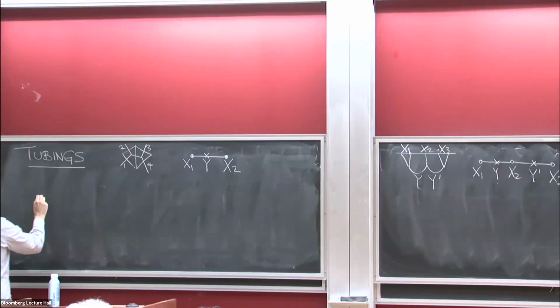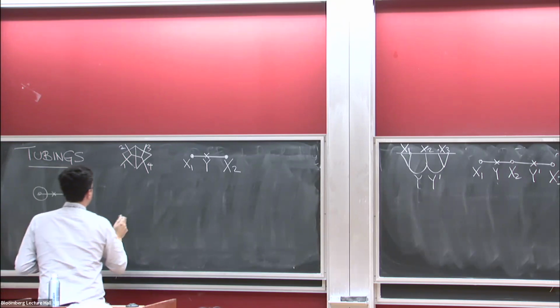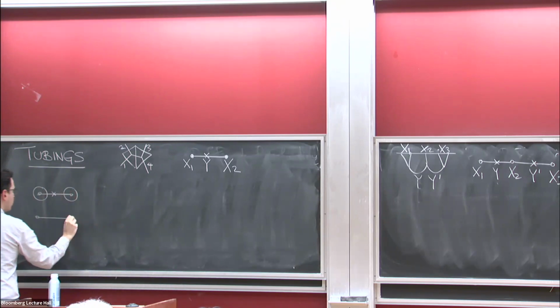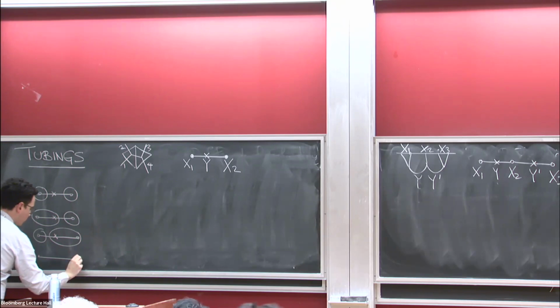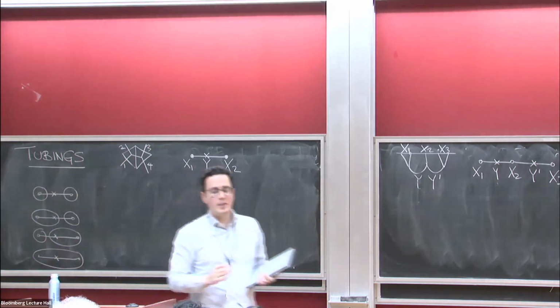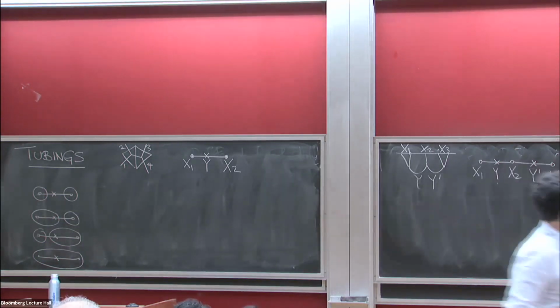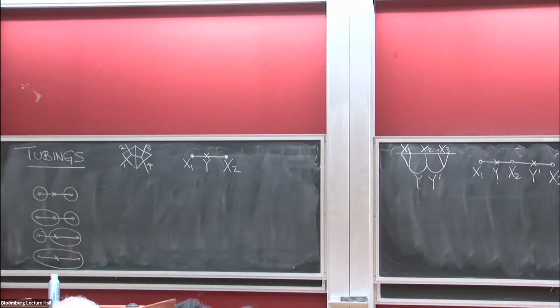So this gives me 4 possibilities. This is one, then the 3 others. So this is all in kinematic space, but it's in one-to-one correspondence with the 4 choices I mentioned.